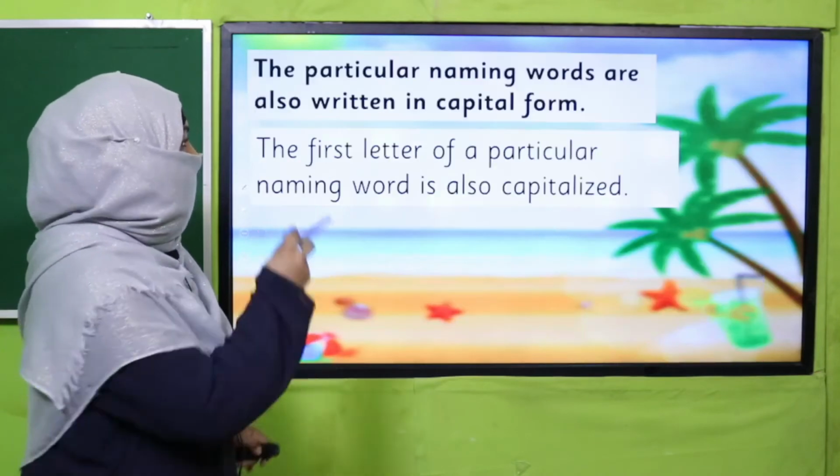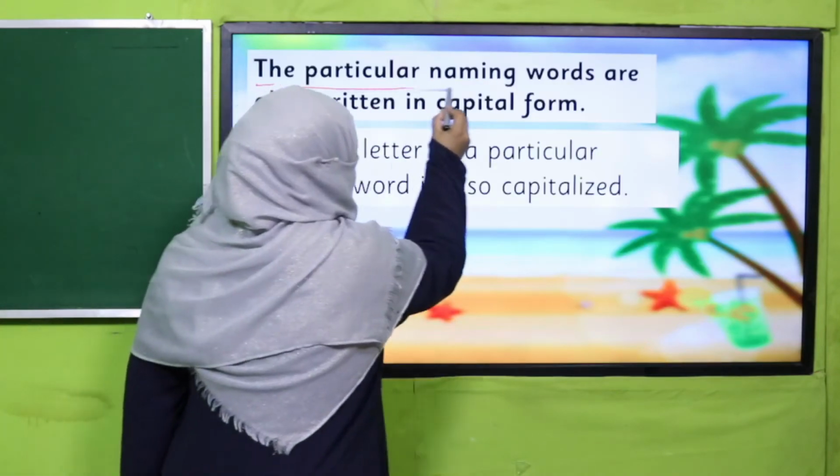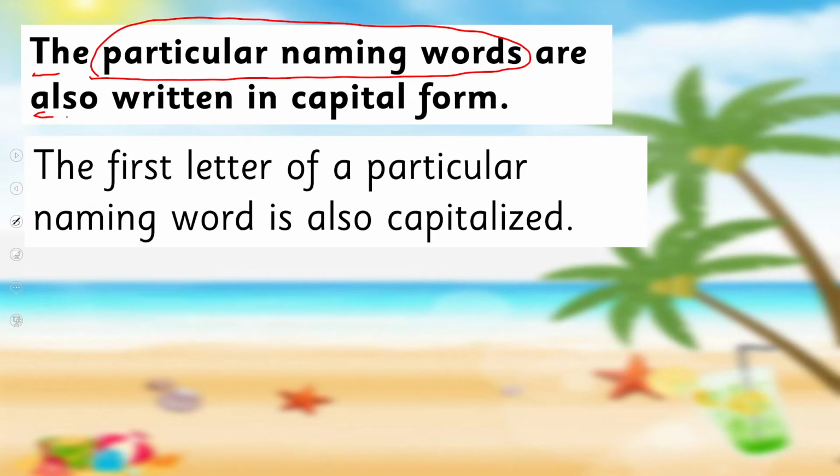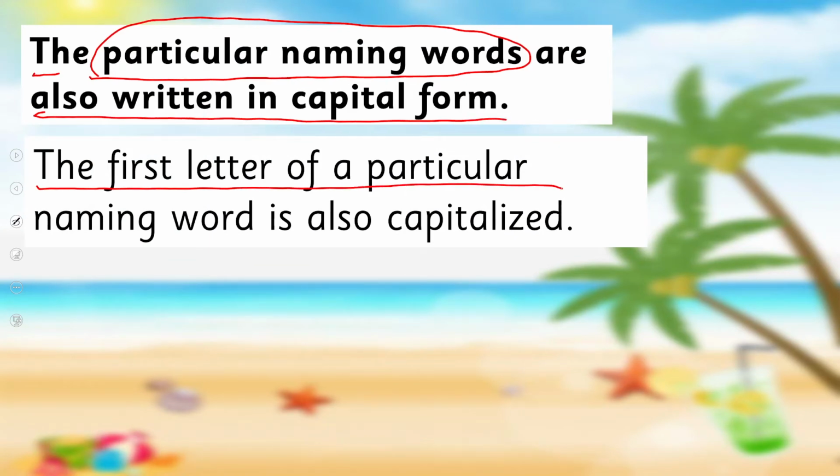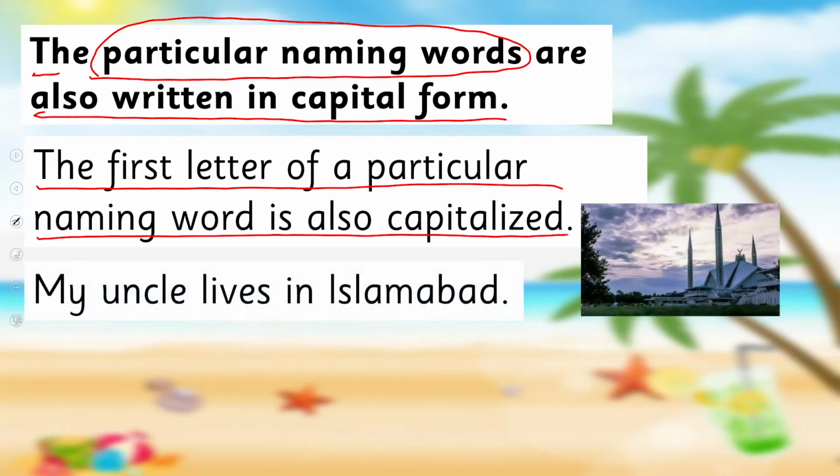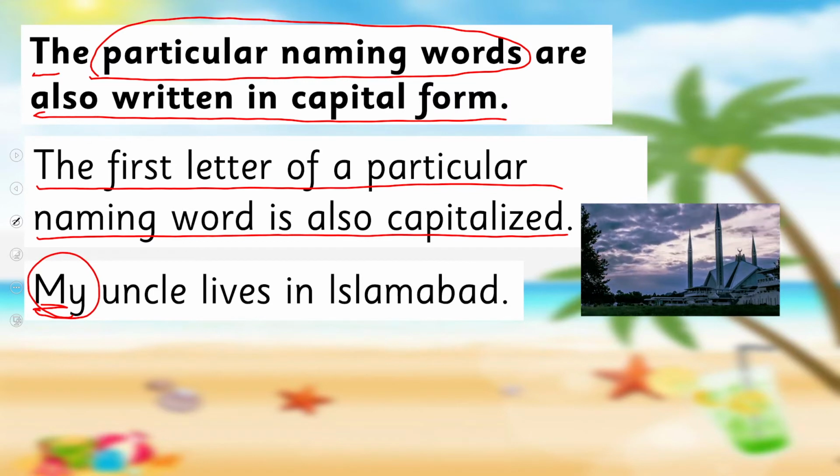The next rule is, the particular naming words are also written with capital letter. So the first letter of a particular naming word is also capitalized. How? Like this. My uncle, why this M is capital? Because this is the first letter of the first word of the sentence, so it will be capital.